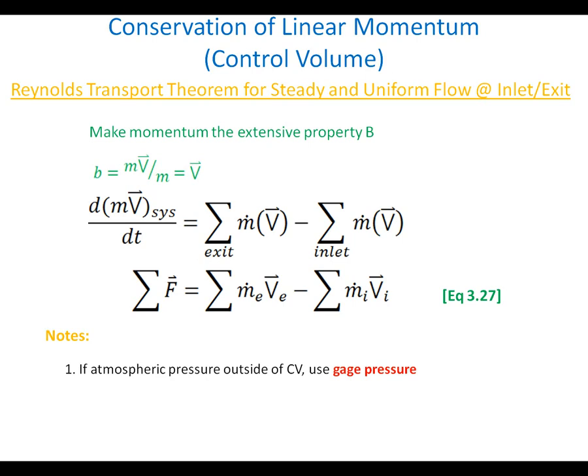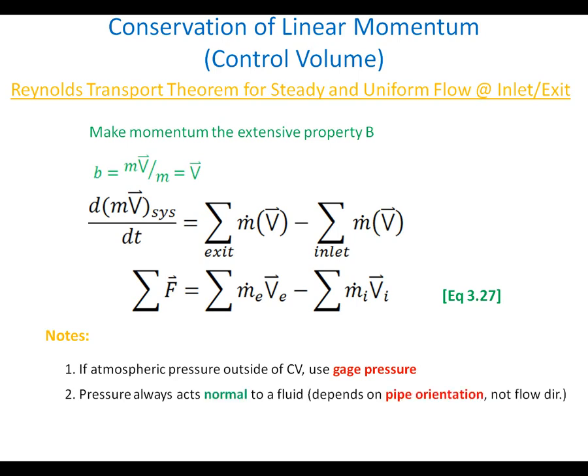So the atmospheric pressure really cancels out. If the atmosphere cancels out, then we can just look at the gauge pressure. This is one of the few times in this course when we're going to recommend you use gauge pressure and not absolute. So if atmospheric pressure is outside, we're just going to simplify things and use gauge pressure. And you're going to see it's going to make a lot of things cancel out, make things a little easier.